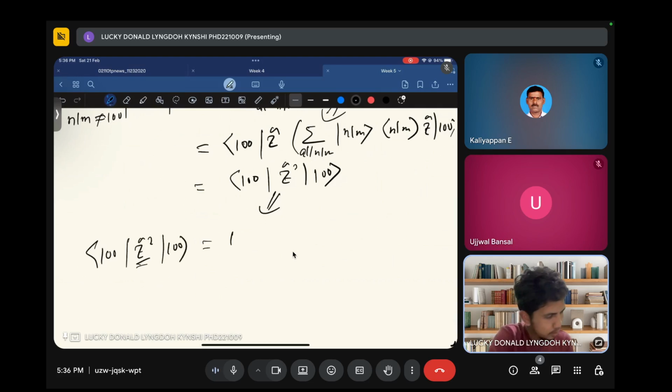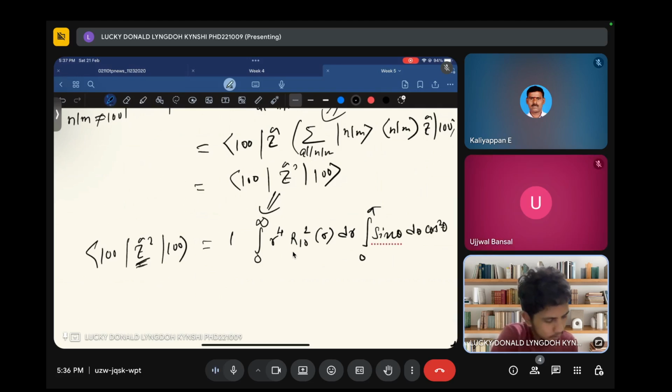So you'll get the integration from 0 to infinity of r to the power, r square cos square theta, r equal to 1. We get this from your r, theta and phi expressions. We get 0 to pi of sine theta d theta, but there is also a cos square theta term, because z is equal to r cos of theta.